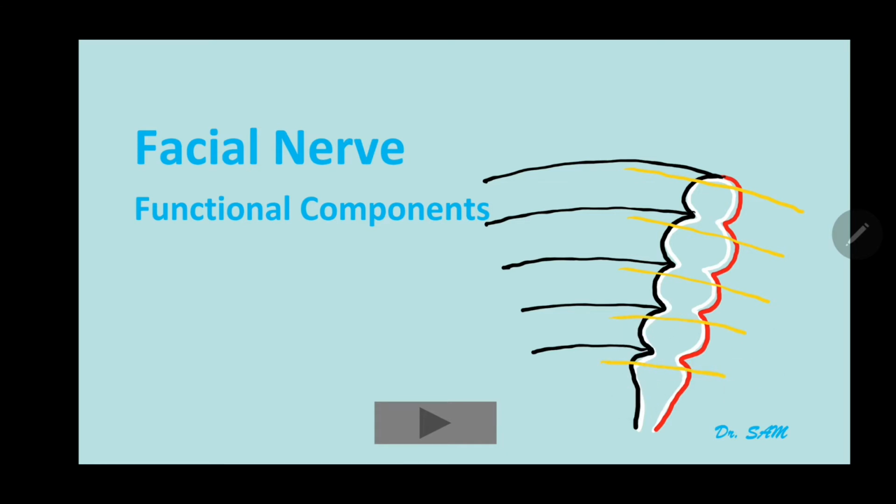right? You know them: the nerve for the first arch is V3, the mandibular nerve. For the second arch, it is the facial nerve. For the third, it's the glossopharyngeal, and for the 4th and the 6th arch, the 5th actually disappears, it is the 10th along with the 11th cranial nerve.